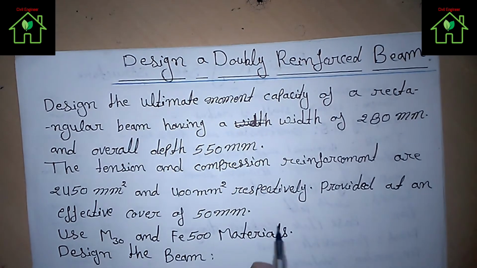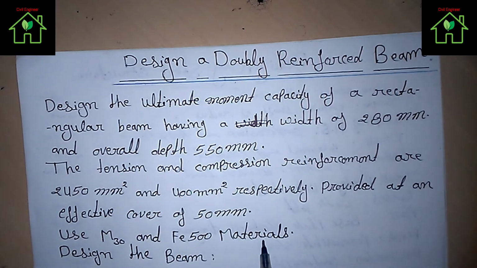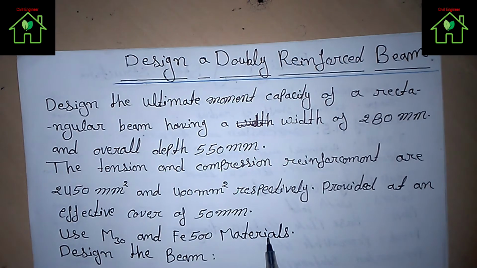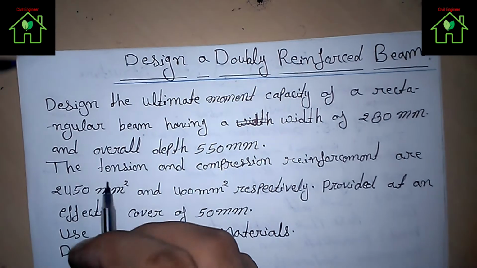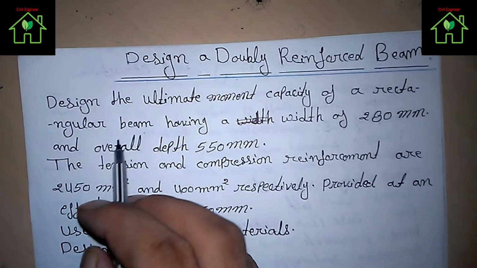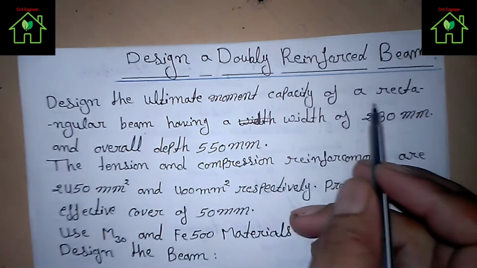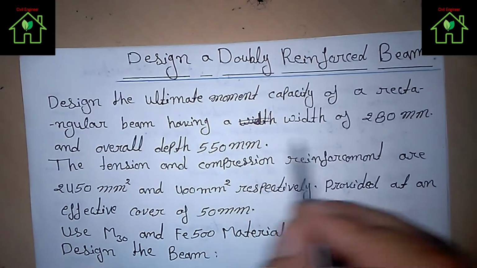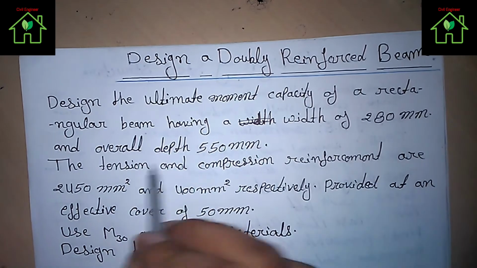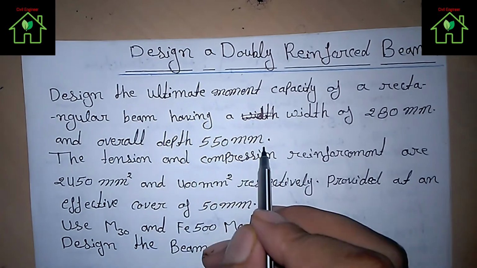Hello friends. Today we are going to design a doubly reinforced beam. So there is a problem. Design the ultimate moment capacity of a rectangular beam having a width of 280 mm and overall depth 550 mm.